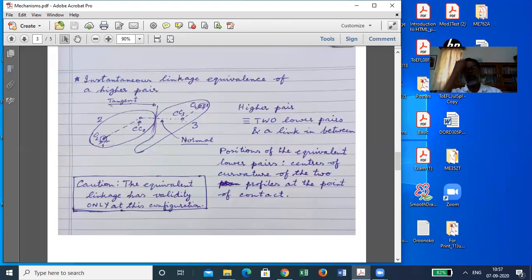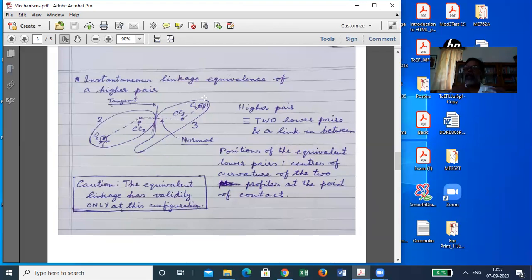So this particular 4-link mechanism, 2, 3, 4, and 1, of course, the frame, is the instantaneously equivalent linkage mechanism of the original mechanism.